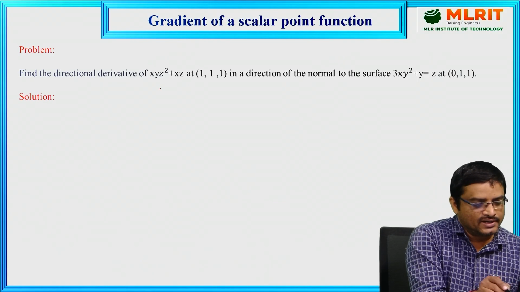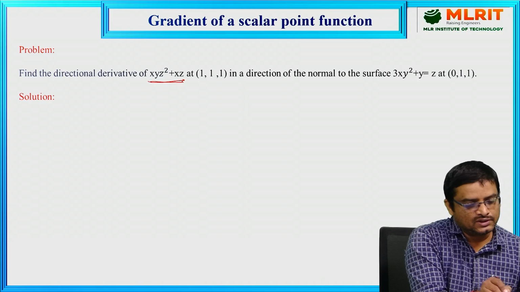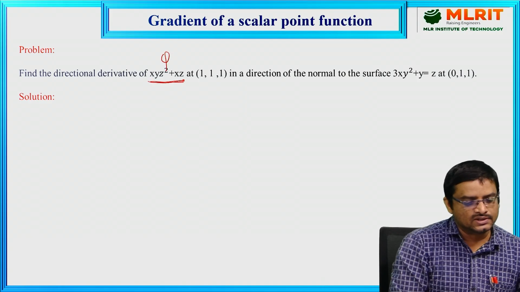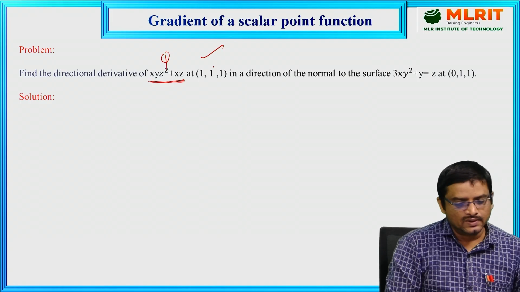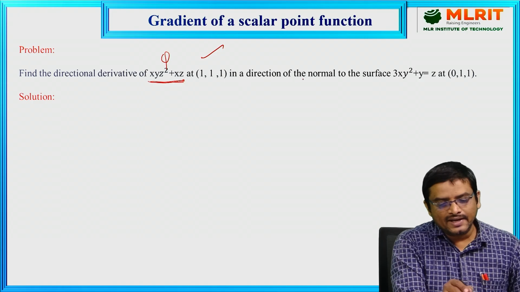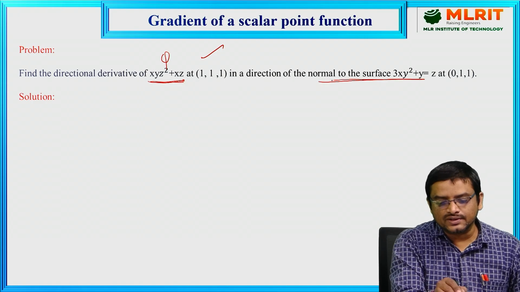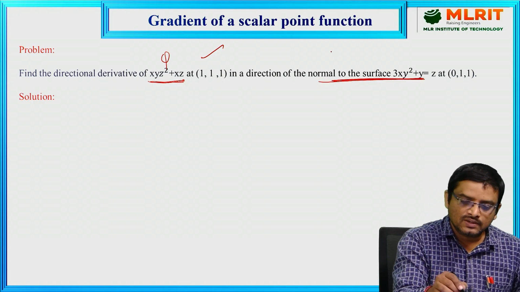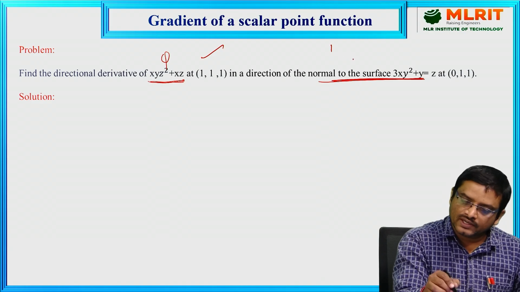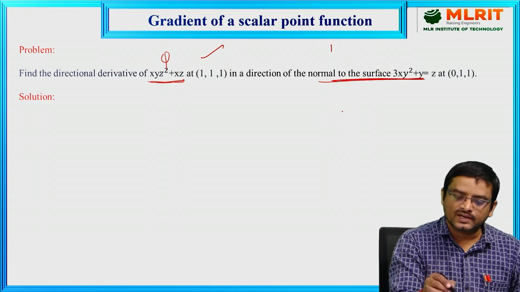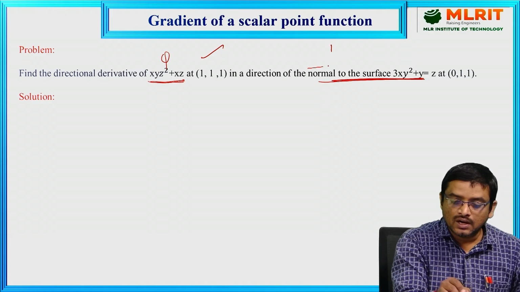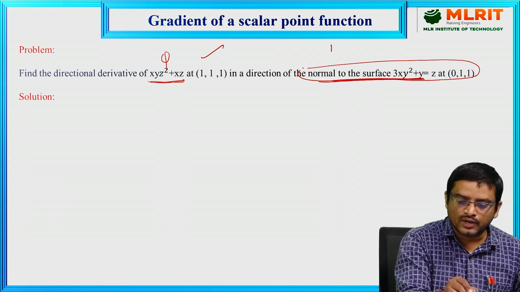Find the directional derivative of this scalar point function, at the point he has given, but in the direction of the normal to the surface. In the previous problem he directly gave the vector, but in place of that he has given the normal to the surface at this point.